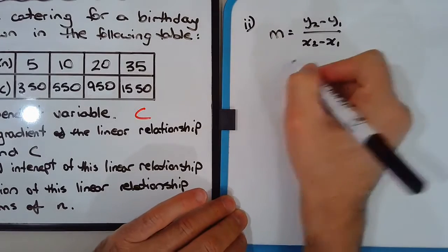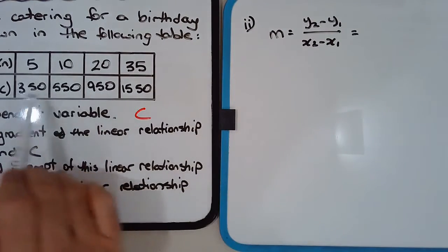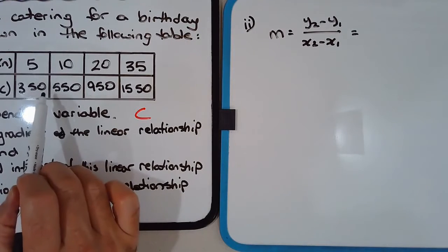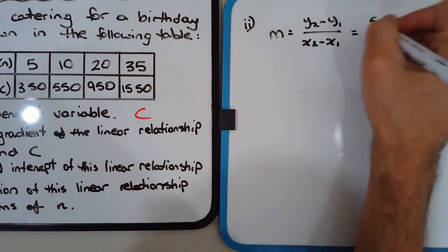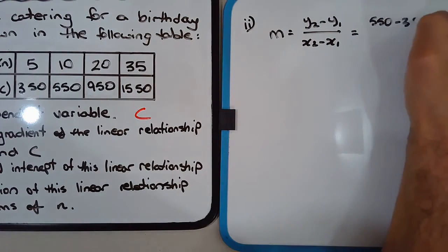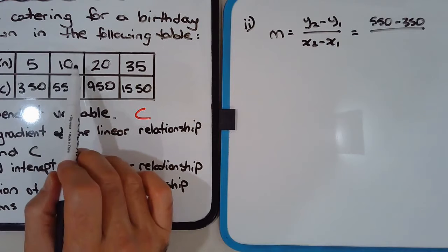So that's going to be equal to, y2 minus y1, so the y values, is the bottom row, the dependent variable. So that's going to be 550 minus 350 over x2 minus x1.